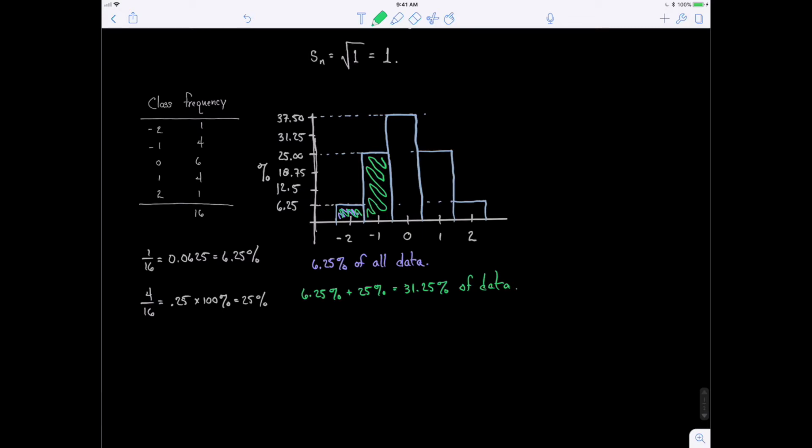And I could continue this process. If I colored all of the bars, all bars shaded, that is 100% of the data. So by coloring the bars, the percentage that represents is another way of representing the percentage of the data.